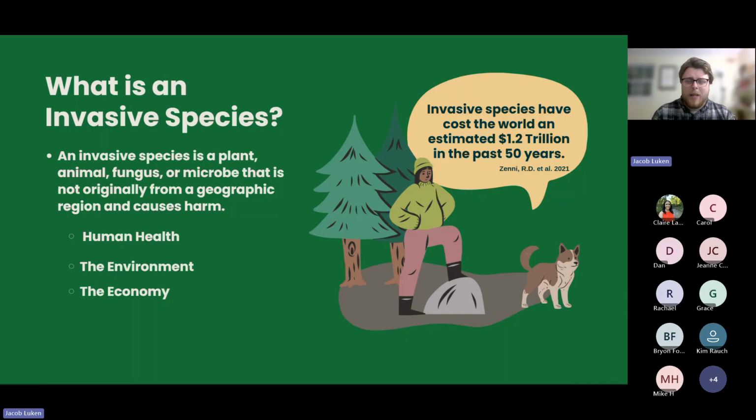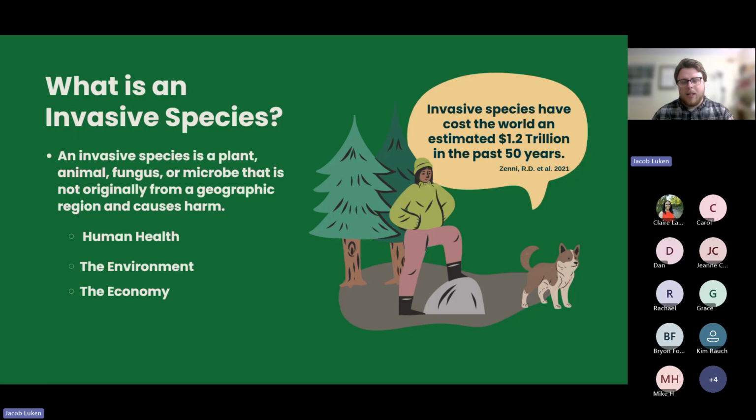But a lot of times invasive species don't just cause one type of harm. They can have a lot of unexpected issues that they cause. For example, there's the economic impact to remove plants that cause harm to human health, like poison hemlock. We obviously don't want that growing on our roadsides, and it's a prohibited plant.